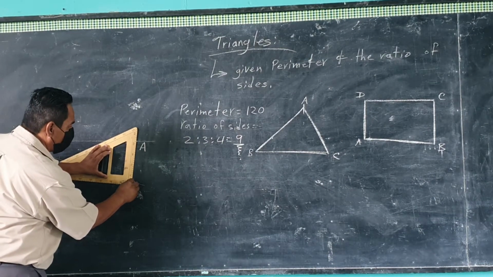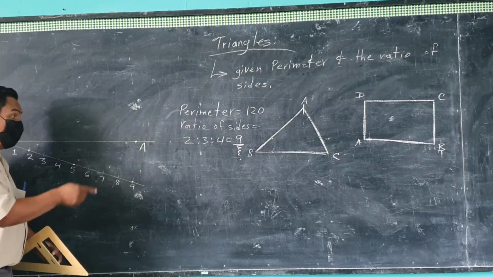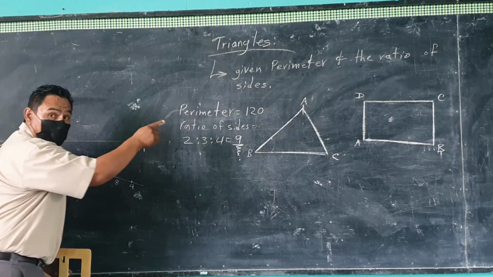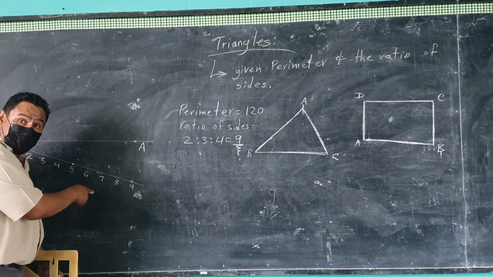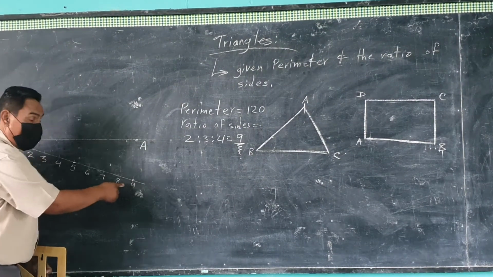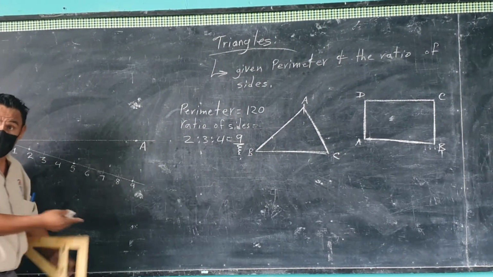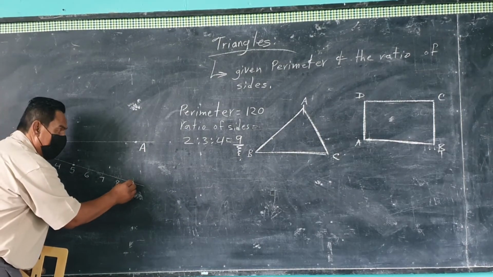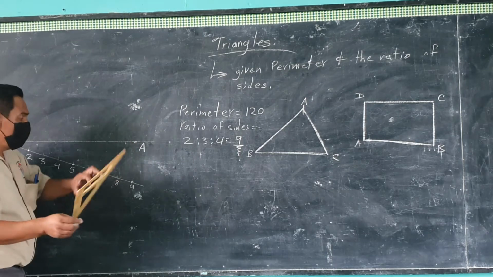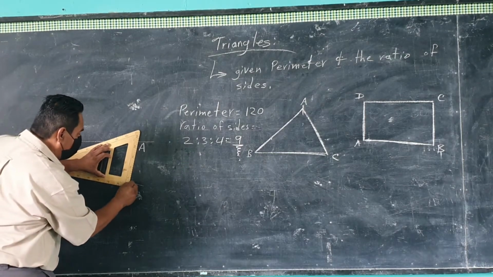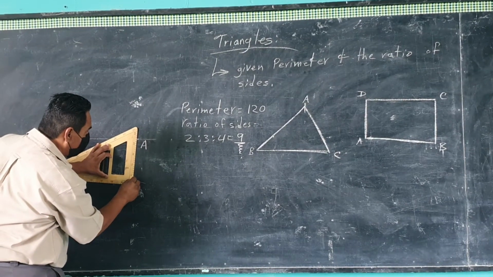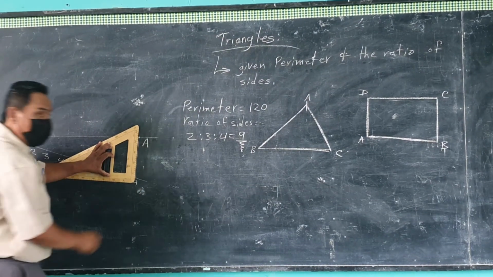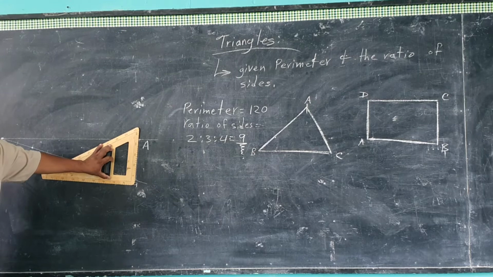So I will draw my line now. Remember that A to A is 120. And the 9 divisions is representing that 120. They are equal. So I must join 9 to A. So I join that 9 to A. As you can see what I'm doing. I hold it there. Look at that.